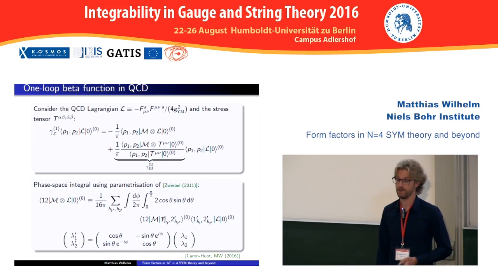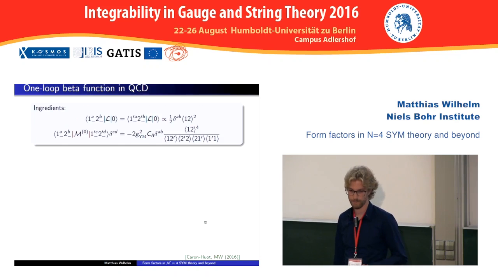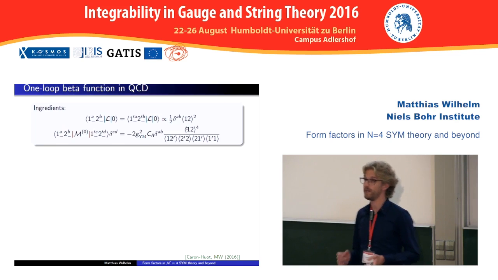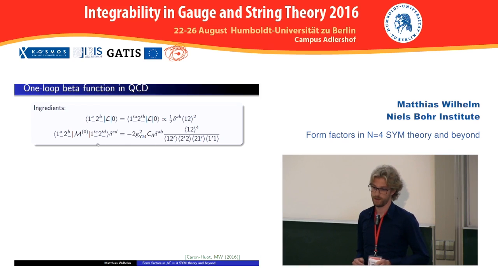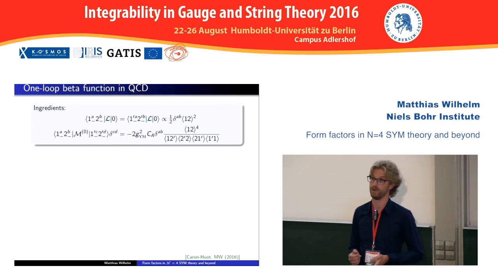Now let us look at the ingredients here, the S matrix or M and the two-point form factor. The two-point form factor of the Lagrangian, as well as its rotated version, is simply proportional to the angular bracket ⟨1 2⟩ squared. The four-particle scattering amplitude is simply given by the Parke-Taylor formula.